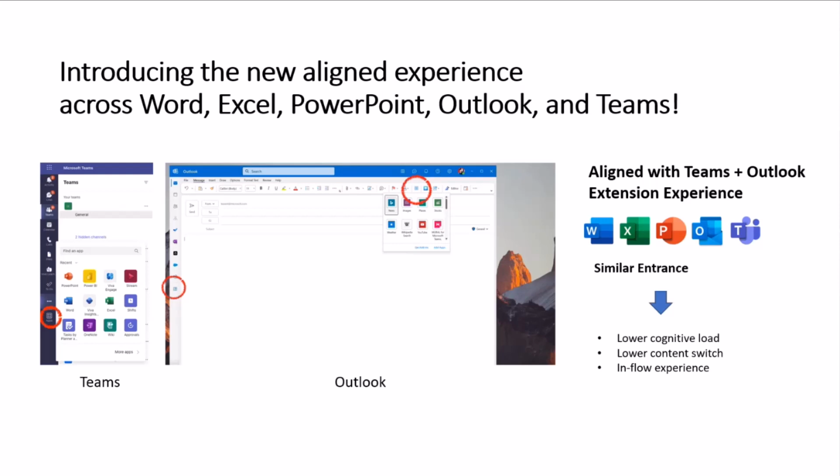In Word, Excel and PowerPoint, we also introduced a similar concept and similar icon, in the hope that users can lower their cognitive load, so they don't have to learn the same concept again. If they have started using add-ins on Teams or Outlook and then get into Word, Excel or PowerPoint, when they see the same icon, they will easily recall that it's about extensibility. So this is the first thing that we're trying to align.